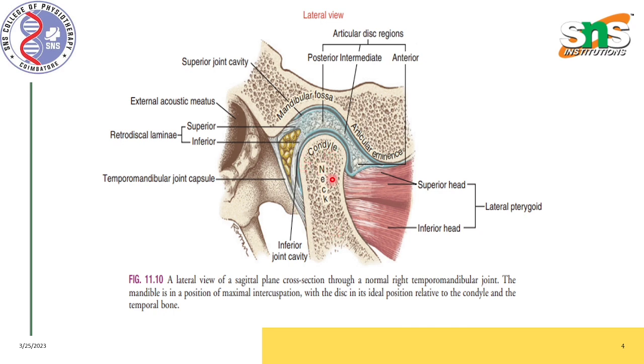So this is the distal articulating surface and this is the proximal articulating surface, and inside the mandibular fossa you can see the articular disc attaching, which will be providing stability to the temporomandibular joint along with your ligaments.